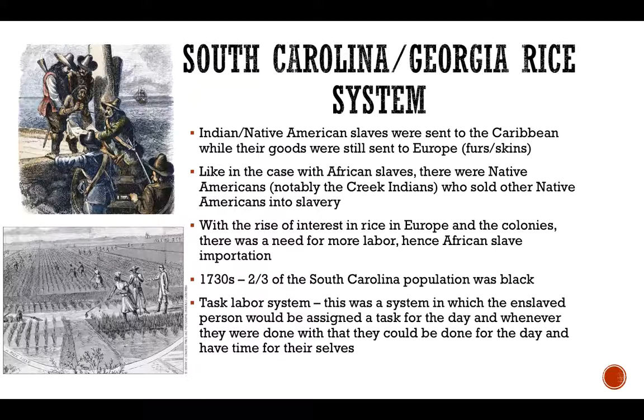As is the same with the African slave trade, there were also cases of Native Americans, notably the Creek Indians, who sold other Native Americans into slavery.